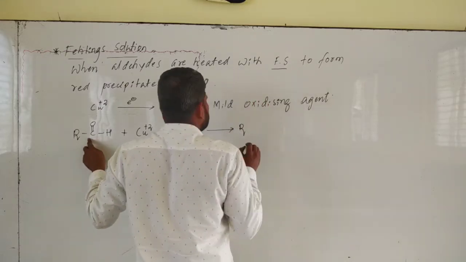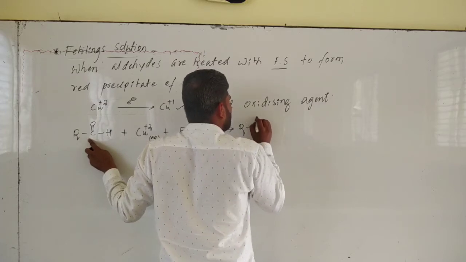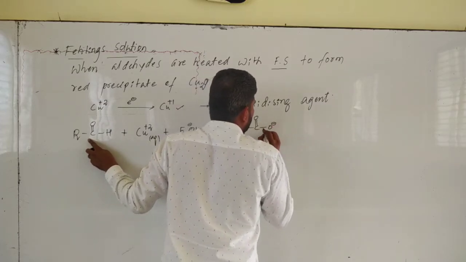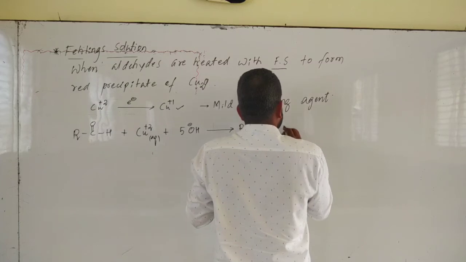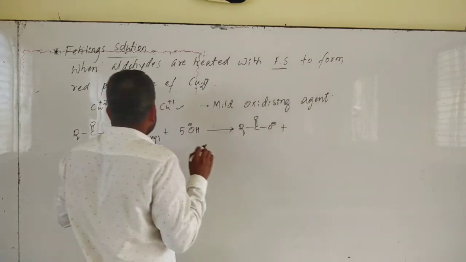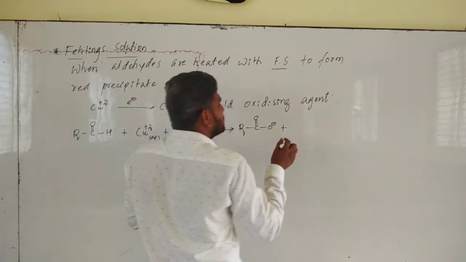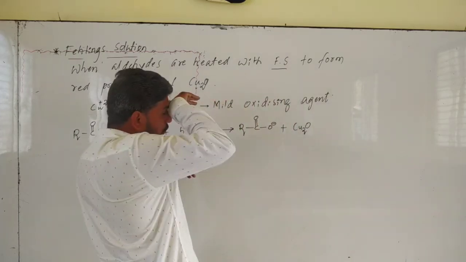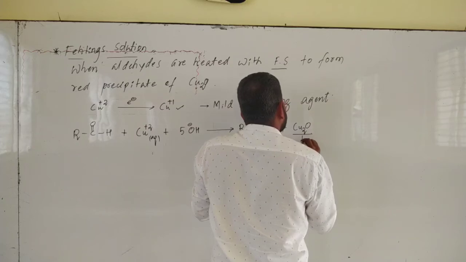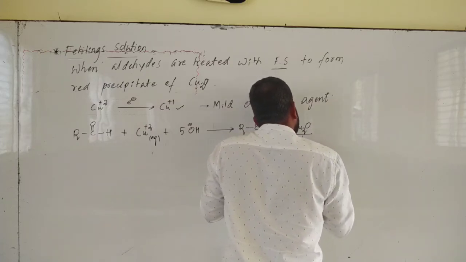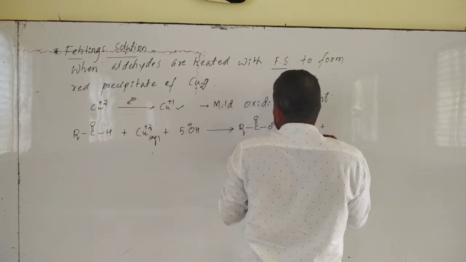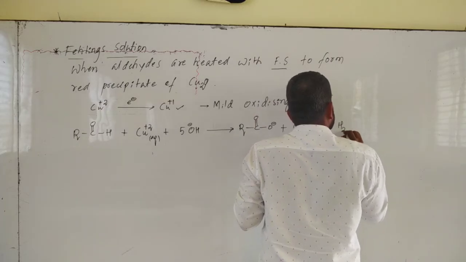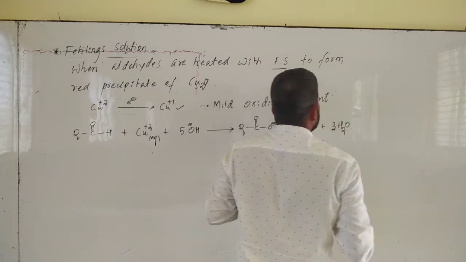That already this aldehyde is converted into carboxylate anion, plus Cu2+ becomes Cu+. Cu+ is nothing but cuprous oxide, Cu2O. This is nothing but a red precipitate, red PPT, plus H2O. How many? 3 H2O are formed.